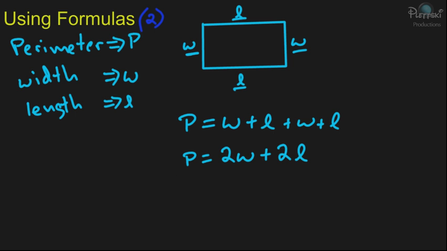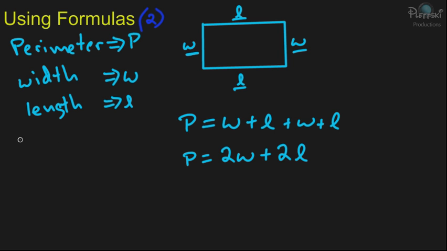And then if you're given a situation where you need to find the perimeter or you need to find the width or the length, and you're given two of the other variables, we can solve for the missing one. So let's look at two separate problems here.